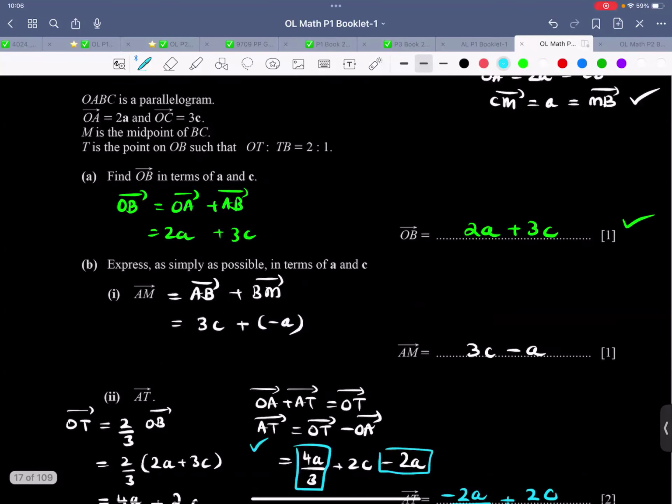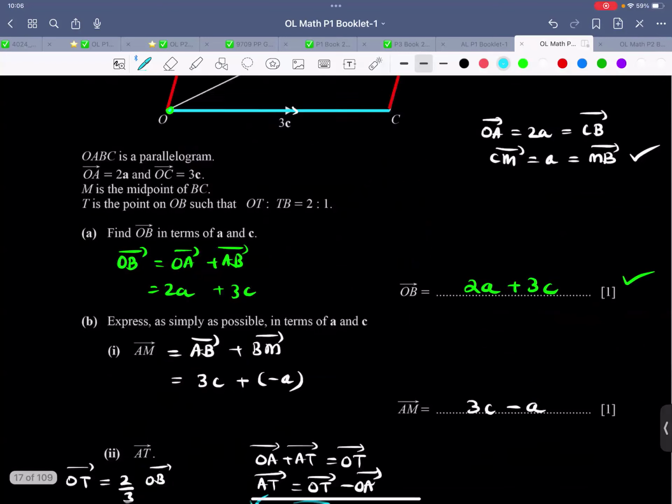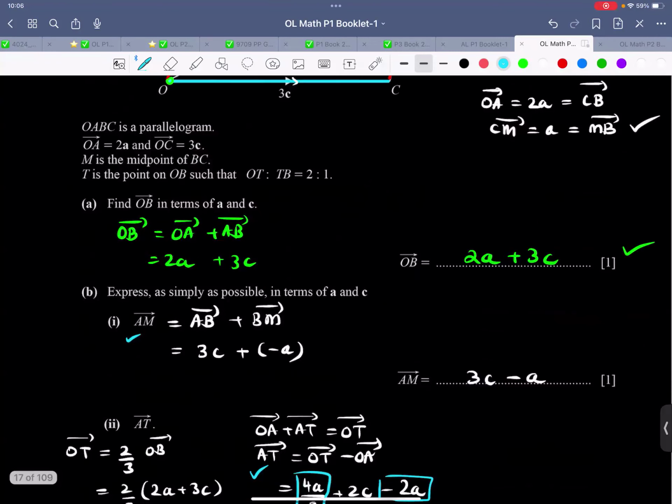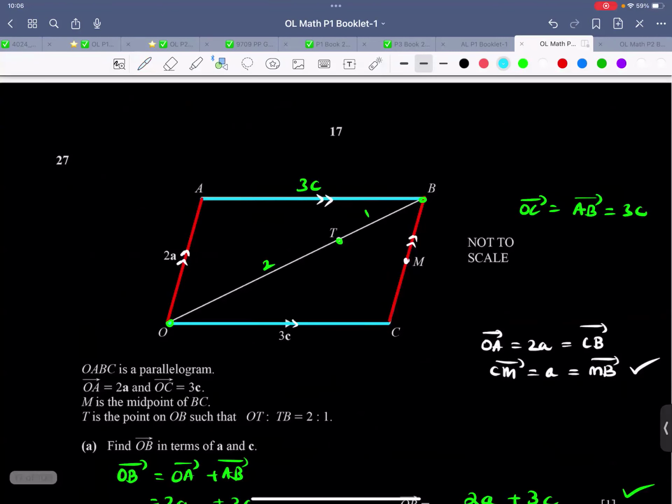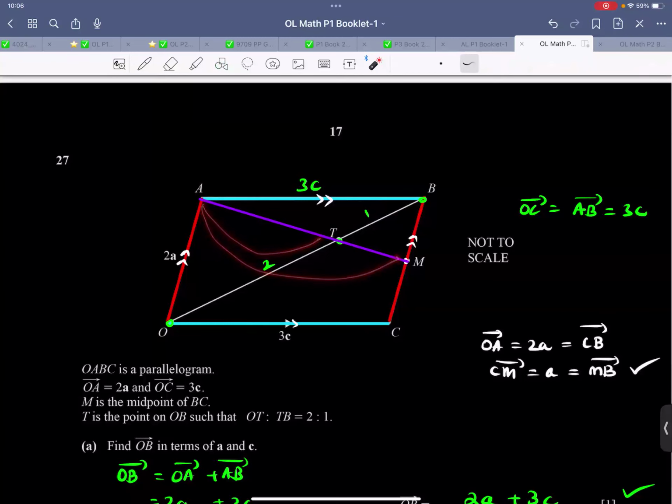Show that ATM is a straight line. Do we have AM? Yes, we have AM. If I have to prove that this is a straight line, let me draw a line like this, ATM. If ATM is a straight line, that means AT should be a scalar multiple of AM, or AM should be a scalar multiple of AT.